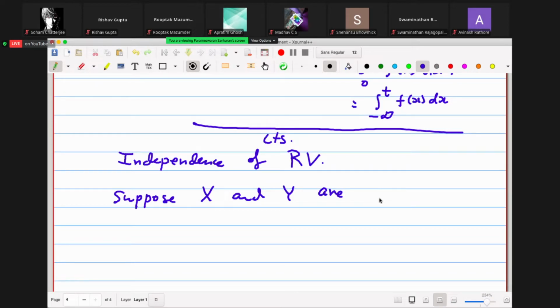So suppose X and Y are continuous random variables with density functions.